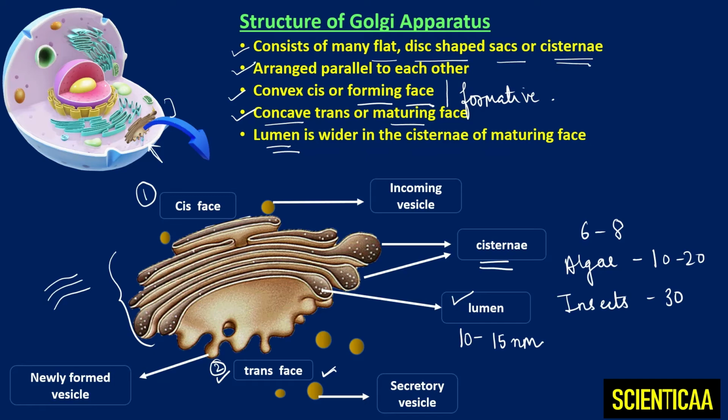So we can see the lumen over here, which is wider towards the trans phase as compared to the cis phase. In between the two cisternae, there is a space which is called the intercisternal space.